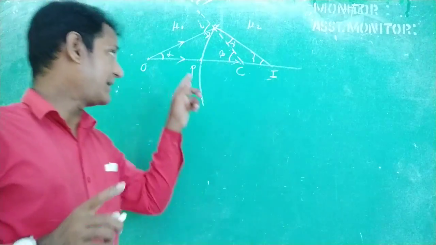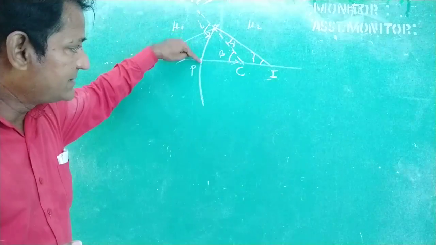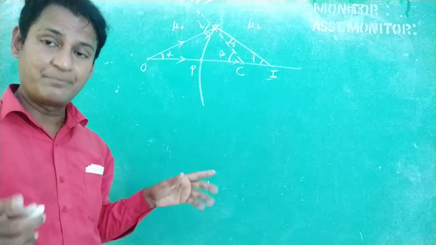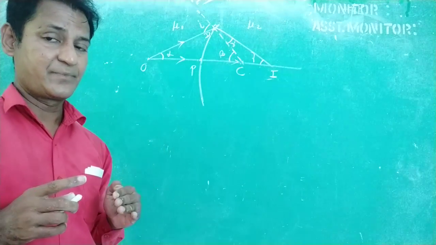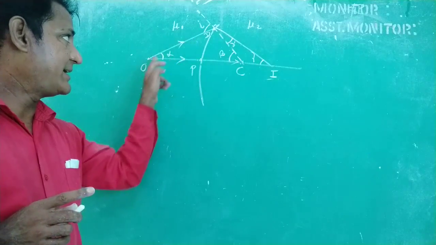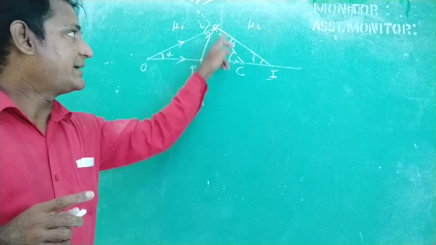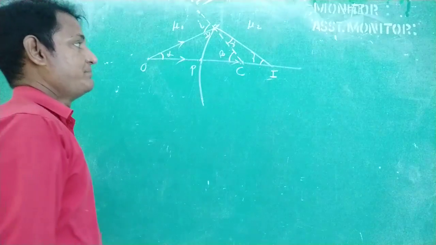For example, if the light ray had fallen at this point, D, this line looks like a straight line. Like that, it is incident closer to the point P, so DP should look like a straight line. So this is a triangle, this is another triangle, and this is another triangle.